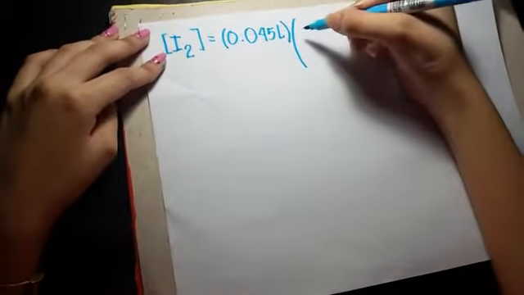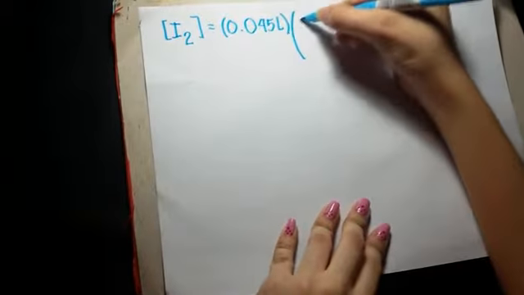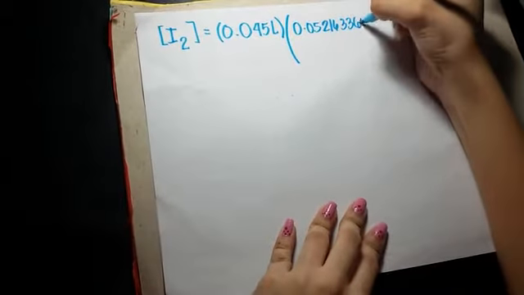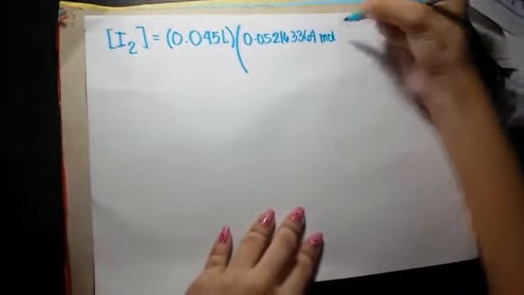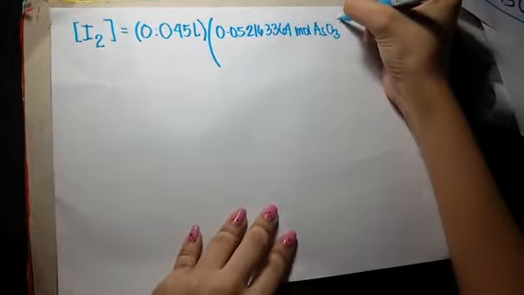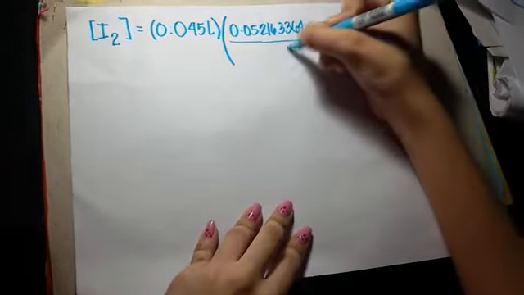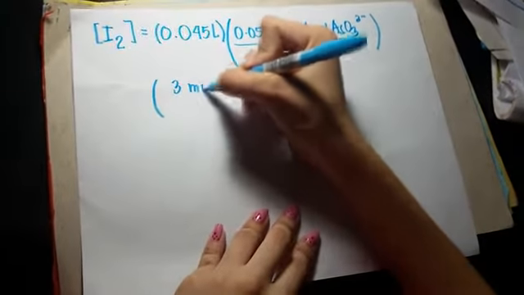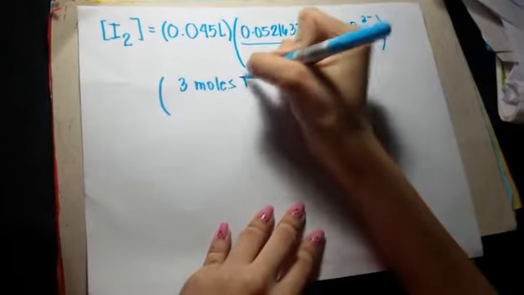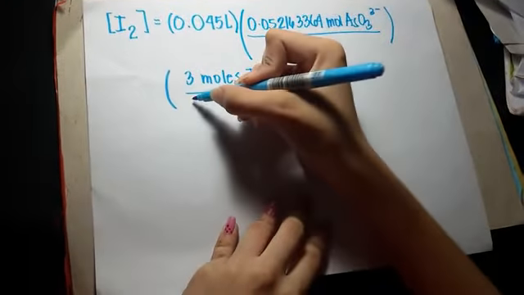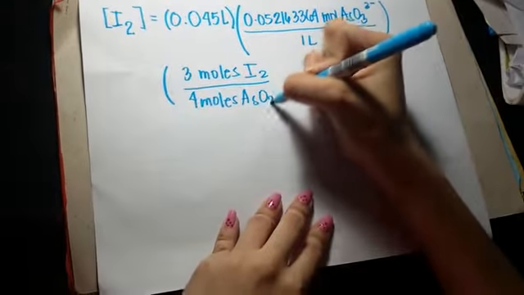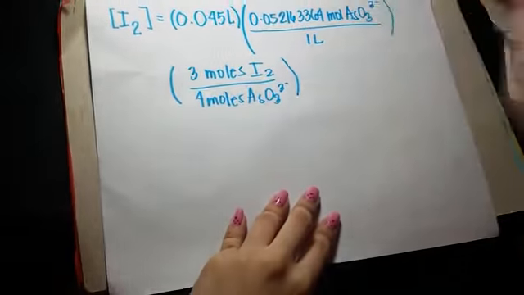We will multiply that by the molarity of arsenite, which is 0.052163364 mole AsO3 3 negative over 1 liter, times 3 moles I2 all over 4 moles AsO3. We got that in the redox reaction.